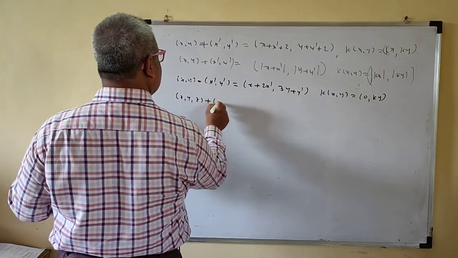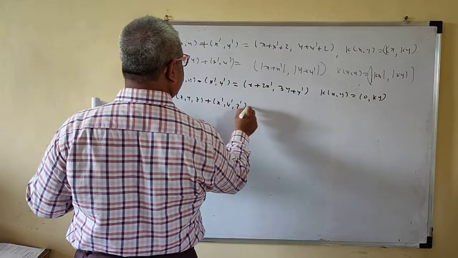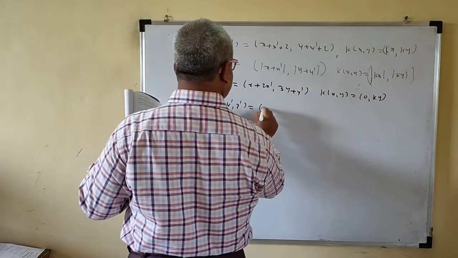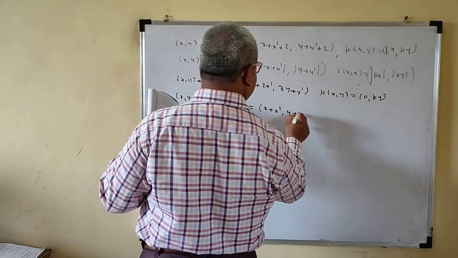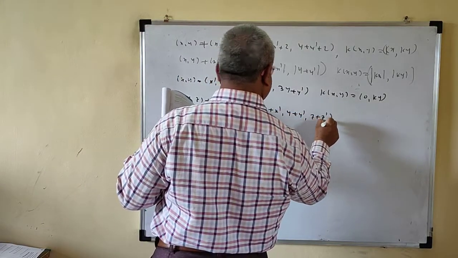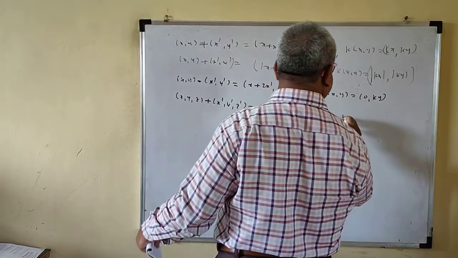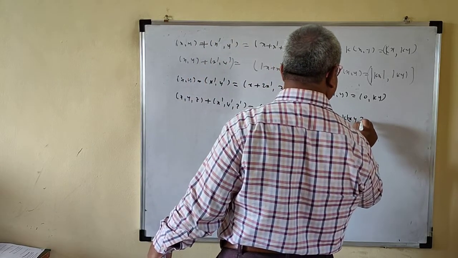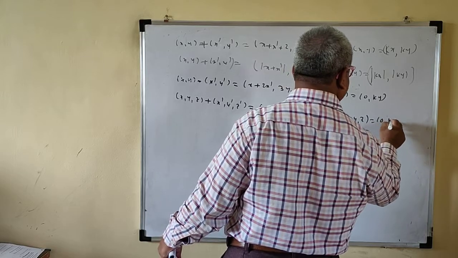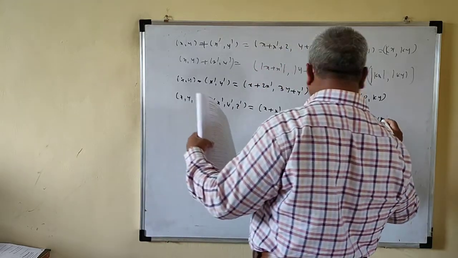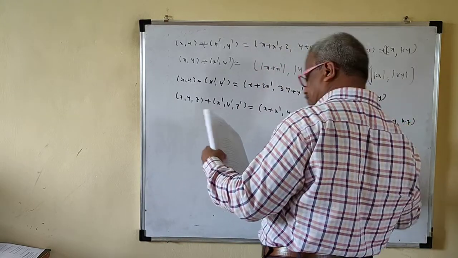Then (x, y, z) + (x prime, y prime, z prime) = (x + x prime, y + y prime, z + z prime), k(x, y, z) = (0, 0, ky, kz).